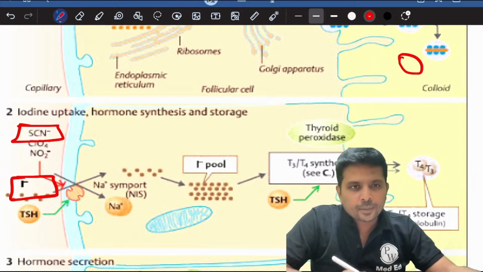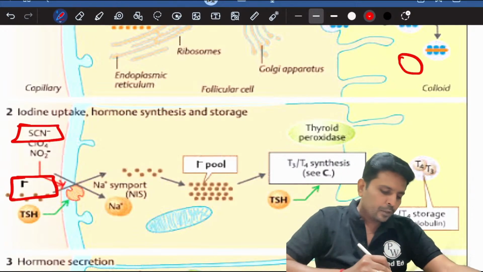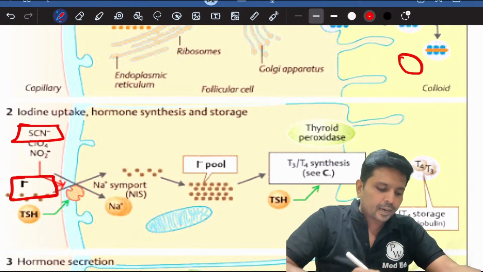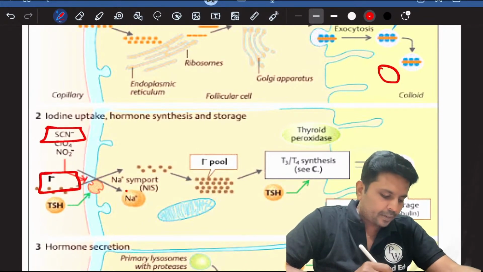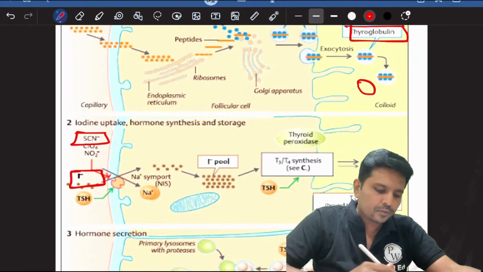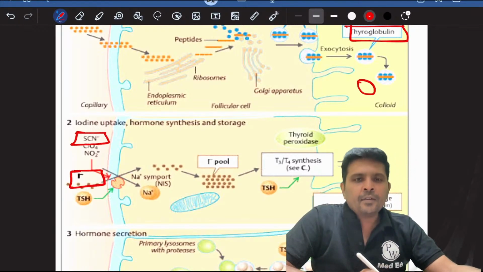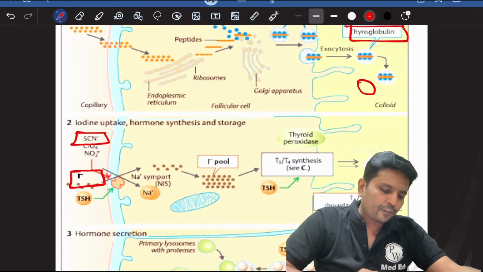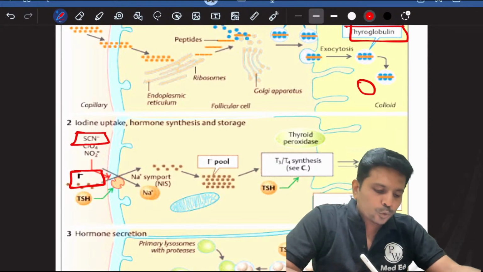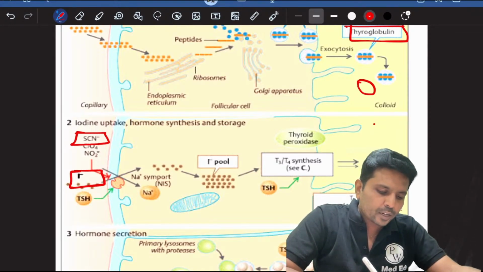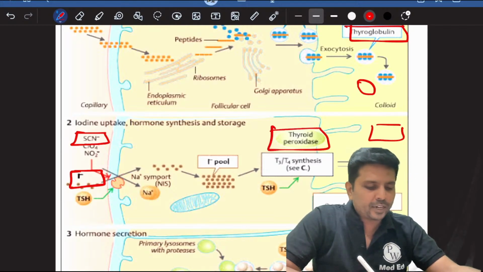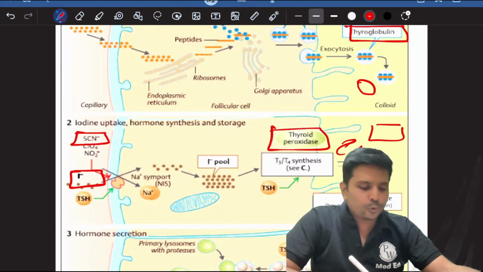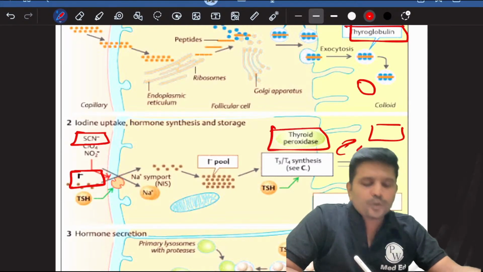So sodium comes in, iodine comes in, inside the thyroid follicle. Iodide, with the help of thyroid peroxidase, will be converted into iodine and extruded into the colloid.